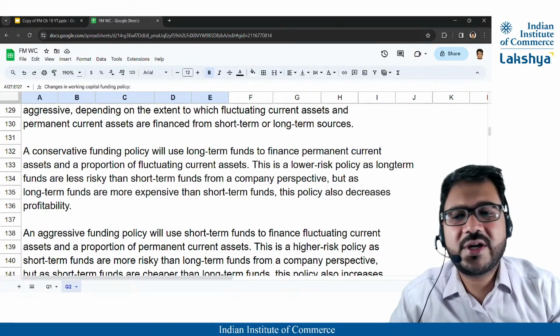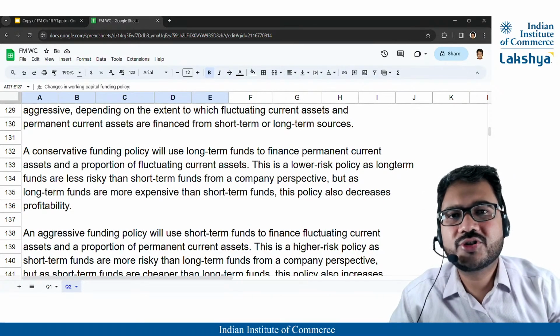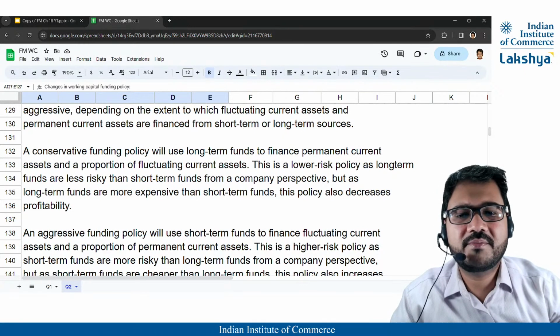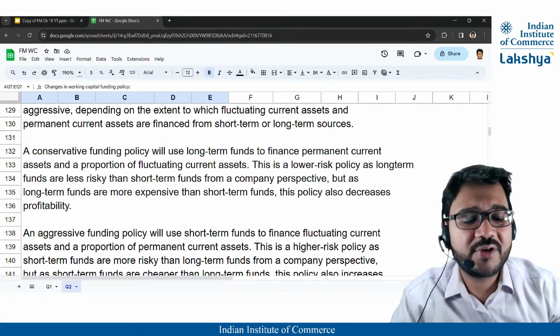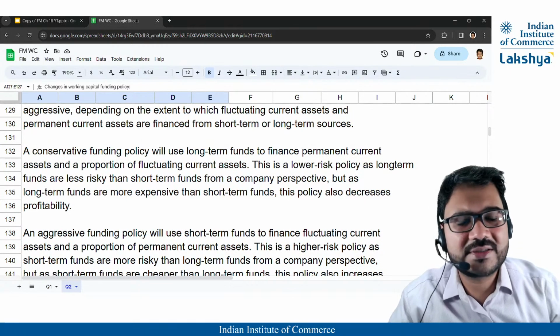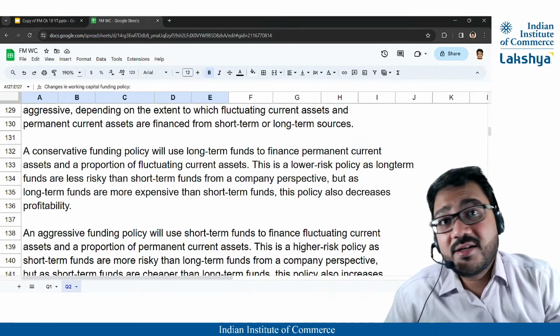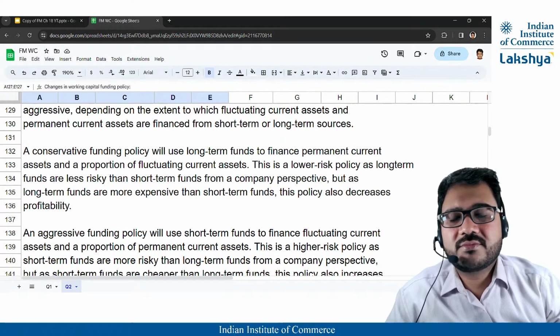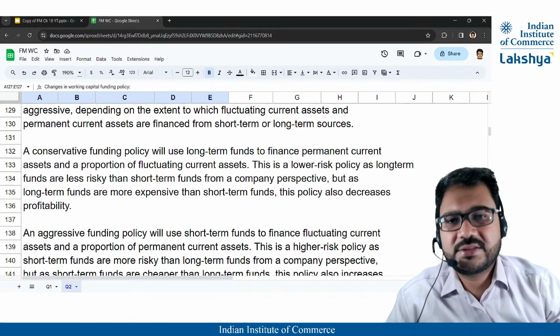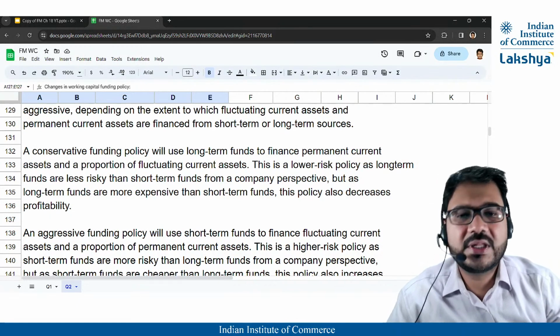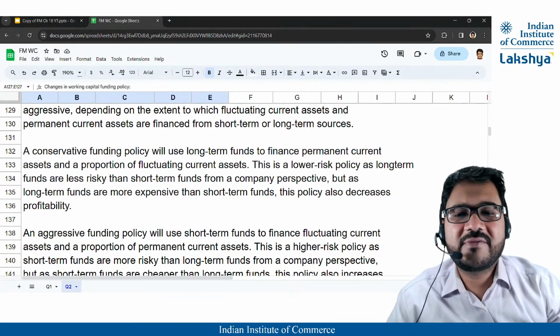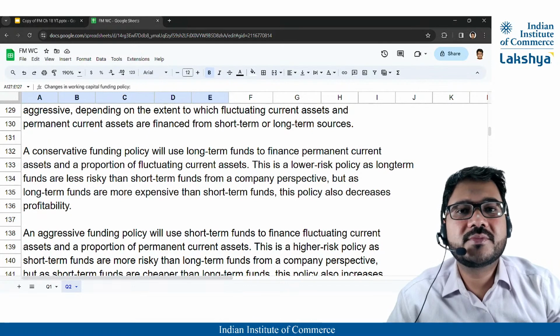So whatever is fluctuating, you are funding it through short-term loans. But whatever is permanent, you know that you have to pay monthly salaries. And ideally, you would want to have a 5-year loan to fund this to help you with the liquidity. But you have taken a short term funding.